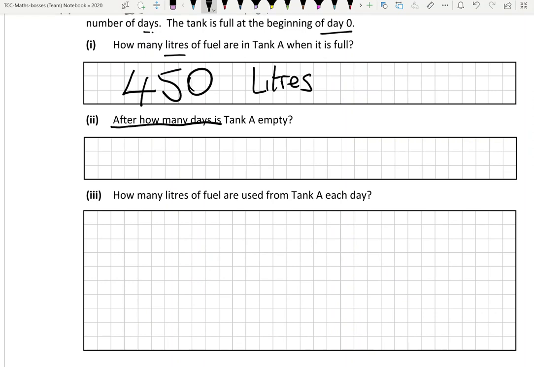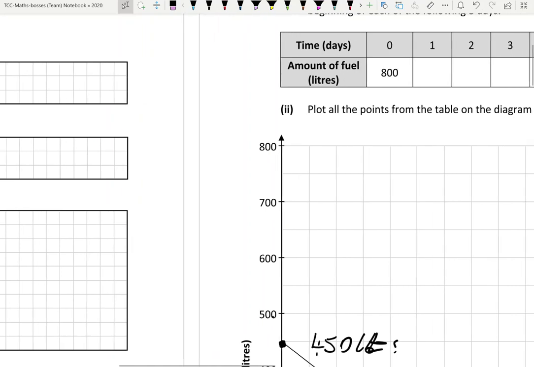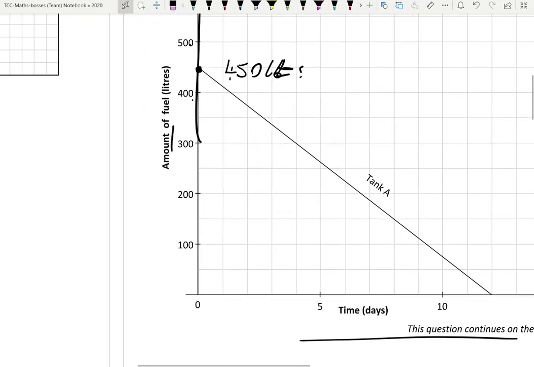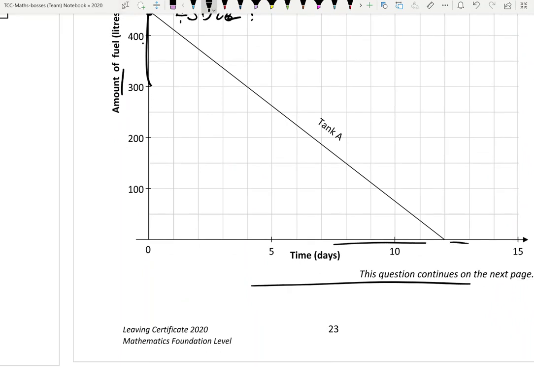After how many days is Tank A empty? Last time we needed to use the y-axis. This time we need to use the x-axis. So this is when it's empty. It's a decreasing function, and the value has fallen to 0 after this many days. So just checking the scale, 1, 2, 3, 4, 5, one box is worth a day.